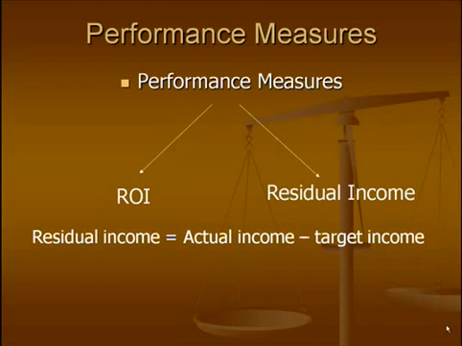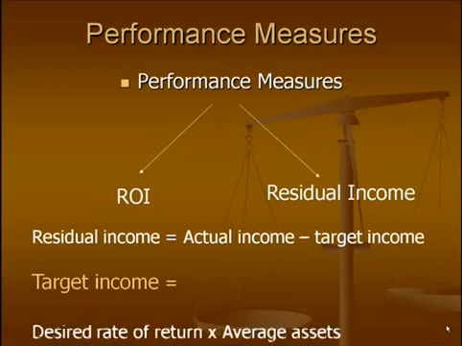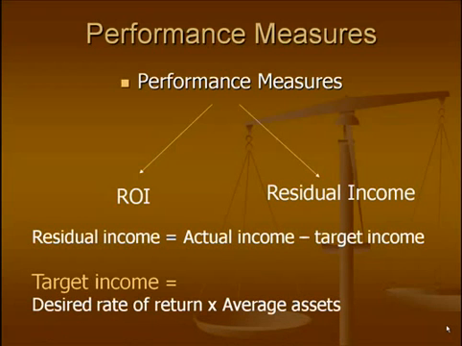The higher the actual relative to the budget or target, the higher the residual income, which means managers will be rewarded. How do you determine target income? Target income equals a desired rate of return times the average assets. The opportunity cost of capital is also called the desired rate of return.